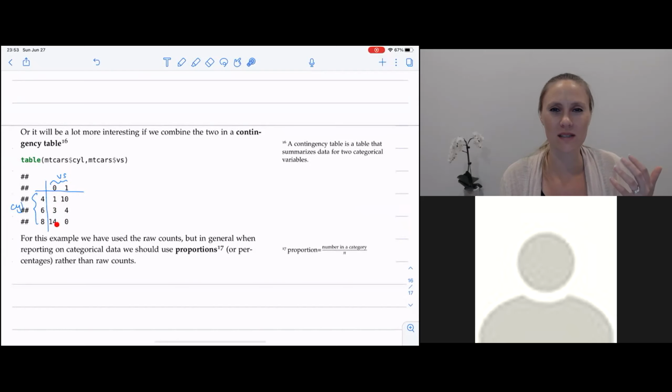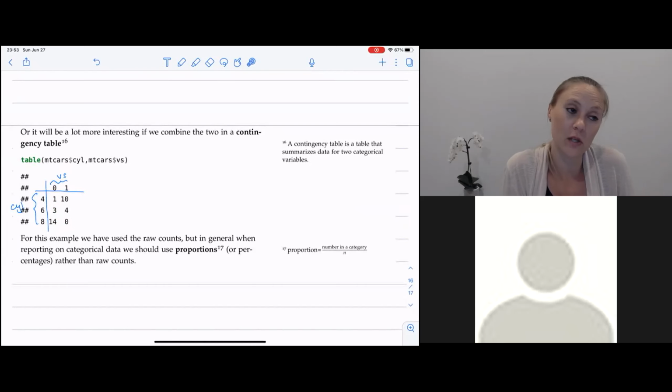So what does that make us think about? It looks like it's more common for an 8-cylinder engine to be V-shaped, right? And look here, for the 8-cylinder engines, there are actually 0 that are straight. So that's valuable information that we might use, right?